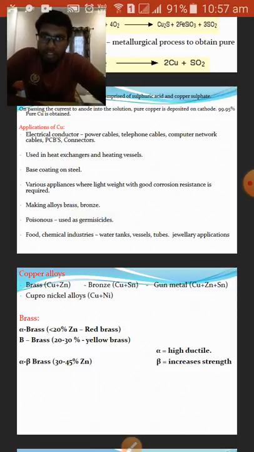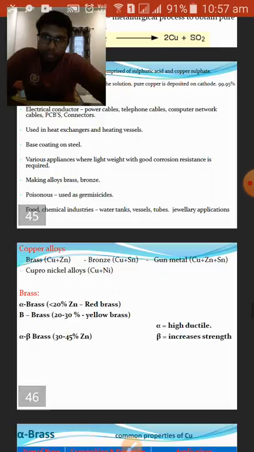Copper can be used to make alloys such as brass, bronze, etc. And in various appliances where light weight with good corrosion resistance is required, we use copper because it is light in weight and has good corrosion resistance. In food and chemical industries we use copper.